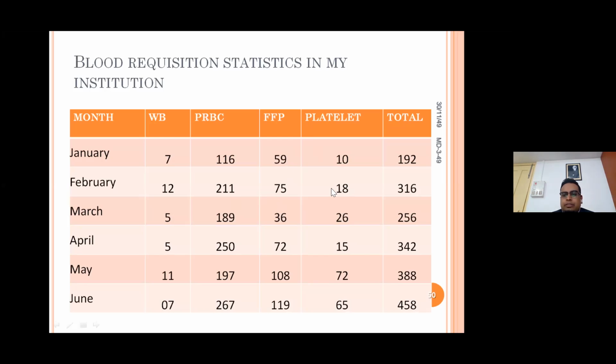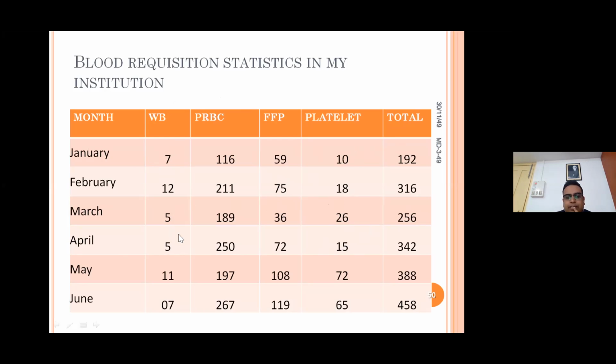Now, let us look at the statistics here. This is the blood requisition statistics in my institution. Let us look at one random statistic here. These are all requisition statistics, that means how many components have been asked for from the clinics.